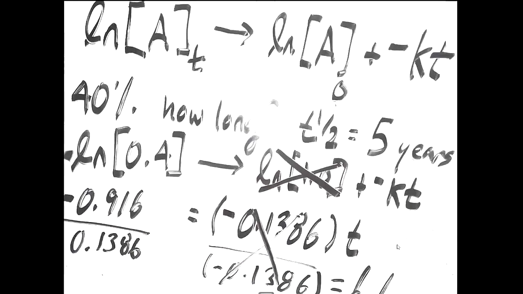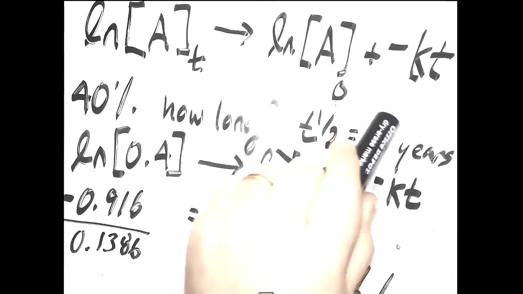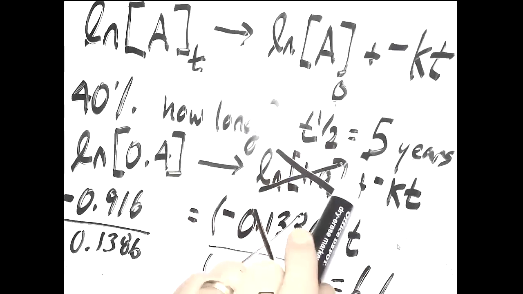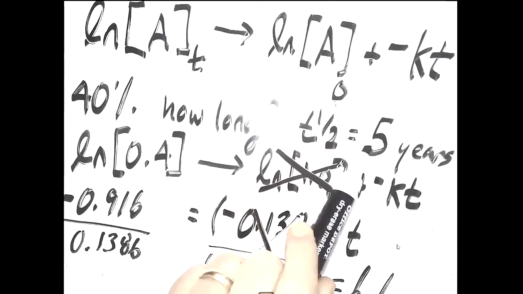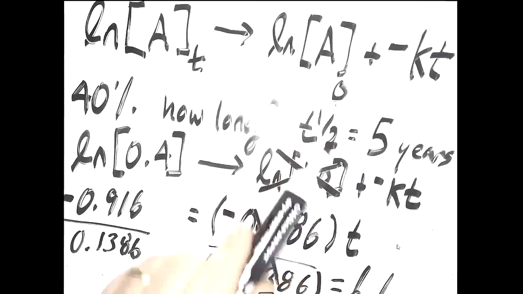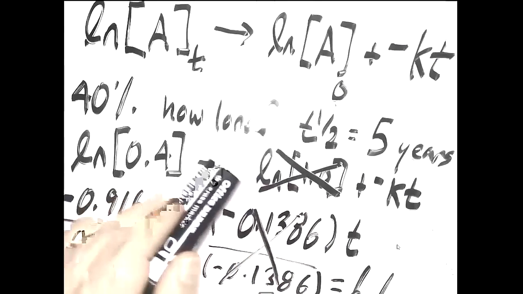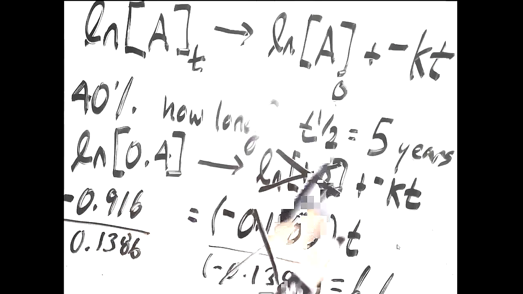And so it's just going to be the natural log of whatever your decimal is equals negative kt. If k isn't given, you have to use the half-life to figure out what k is. And again, you would just take the natural log of 2 divided by the half-life, and that gives you negative k. And then you divide both sides by whatever that is, and that will equal the time. And there it is. That's your answer.